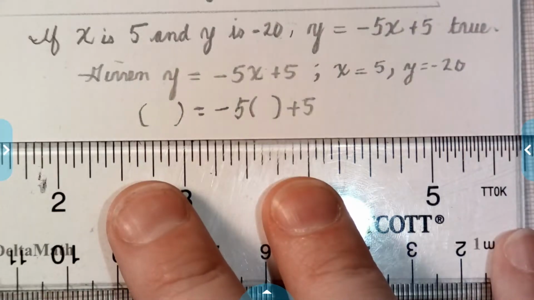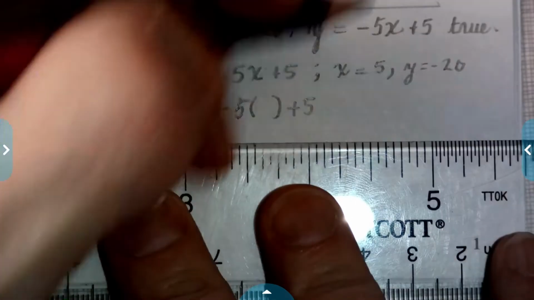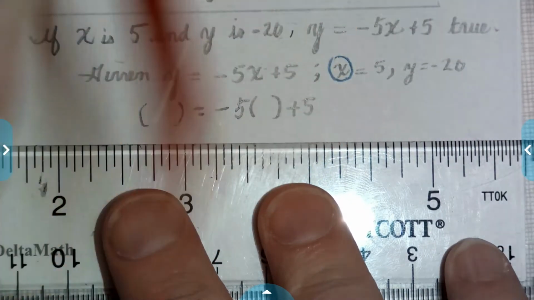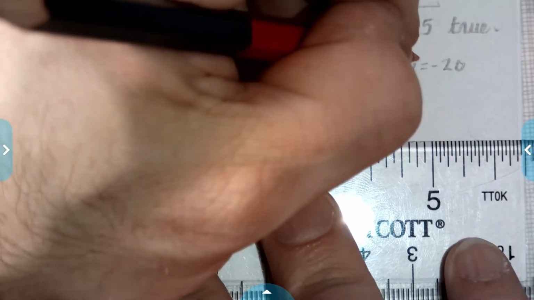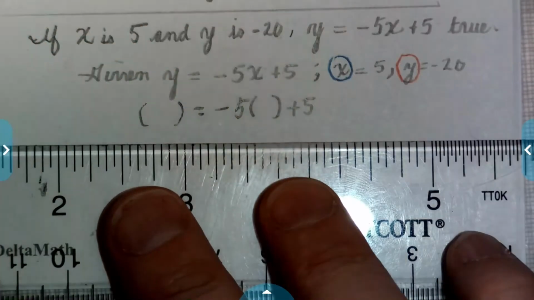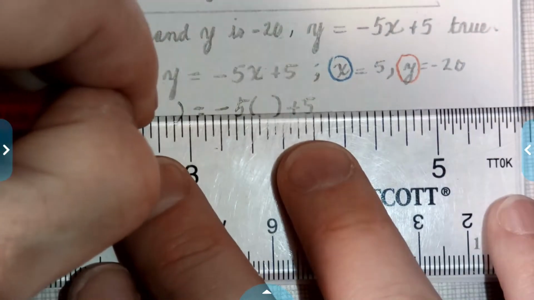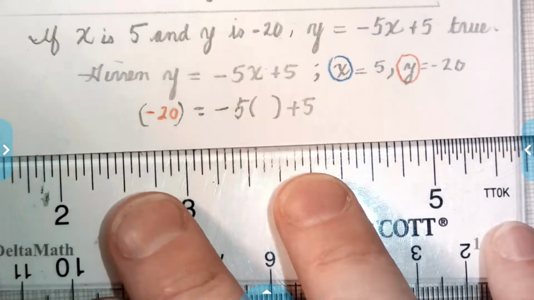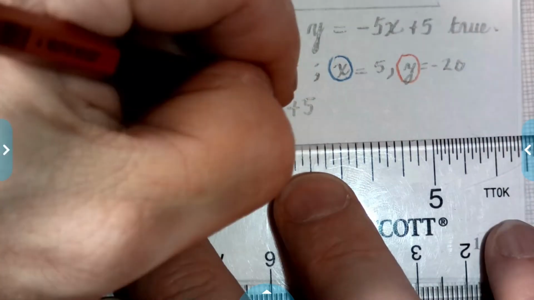Okay, so I'll use blue for x and red for y. So for y, that's negative 20. And the x is 5.